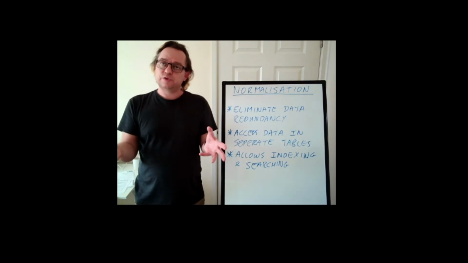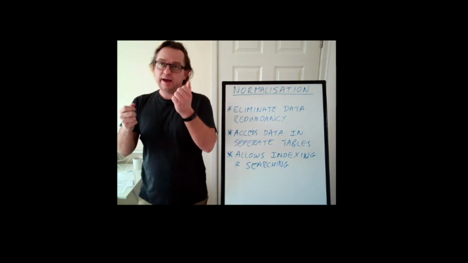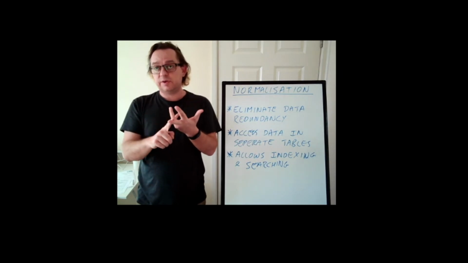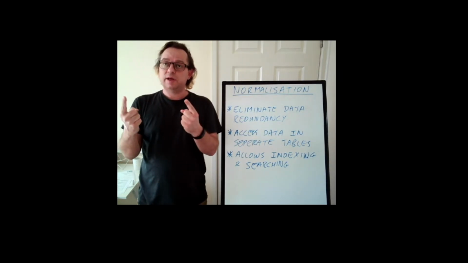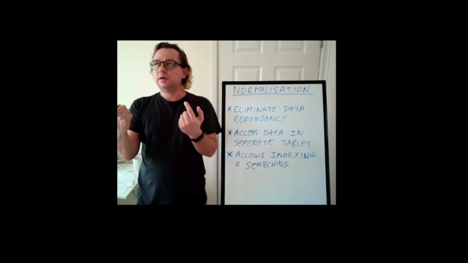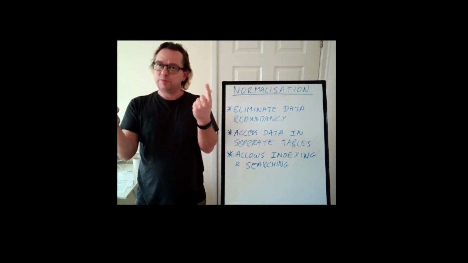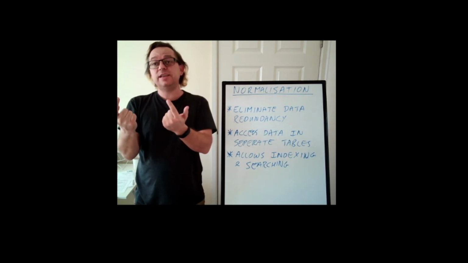In a data store of some sort where there is data redundancy, that student's name, address, and phone number are held in more than one place, then when the head of year changes that phone number, it might not change on the main system. Okay, so you've got a problem. You've got data duplication.